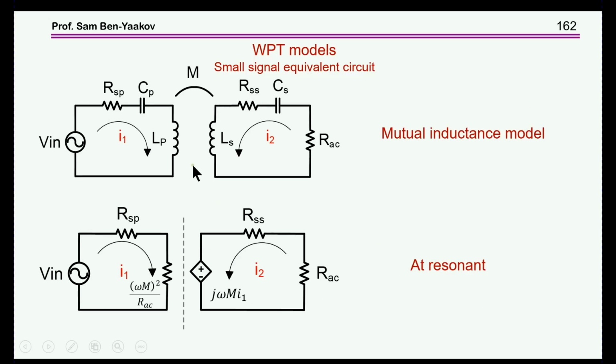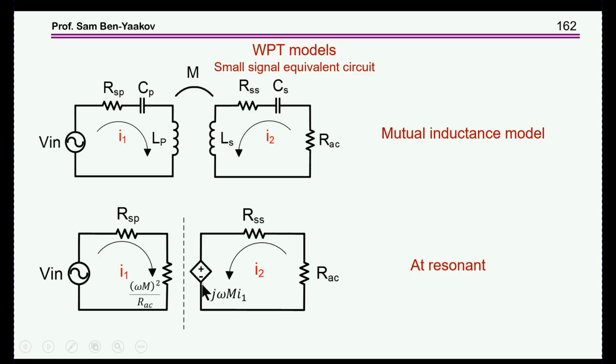Now, if you tune the primary and secondary, then the reactive elements, inductor and capacitor, disappear, and you are left with the parasitic resistance of the secondary and the parasitic resistance of the primary.